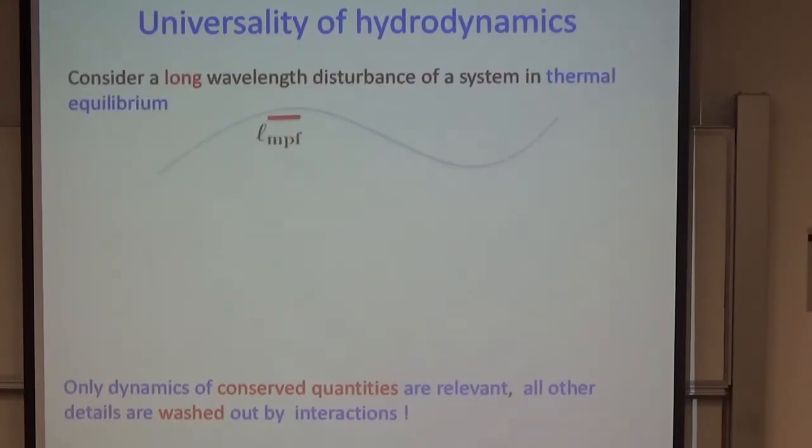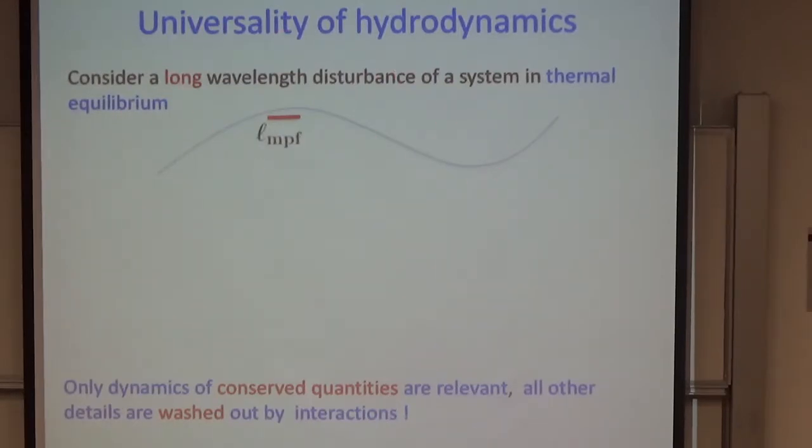Let's consider some kind of long-wavelength disturbance of the system in equilibrium. By long-wavelength, we mean that the variation of the density or temperature is over a distance much larger than the typical mean free path, which is symbolically drawn here and is much smaller than that.